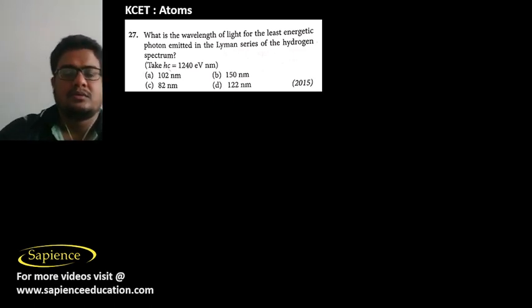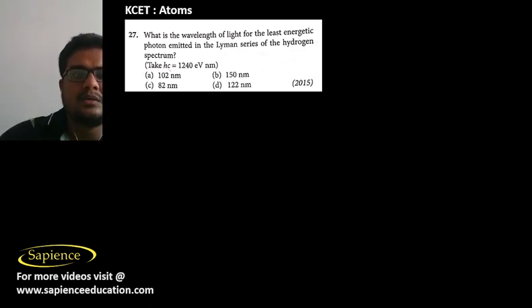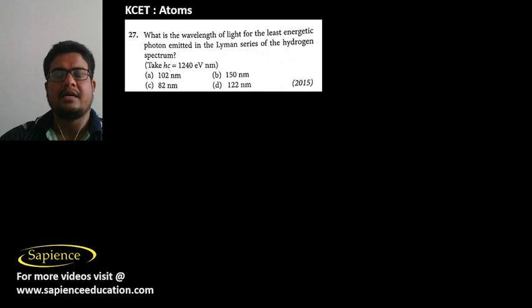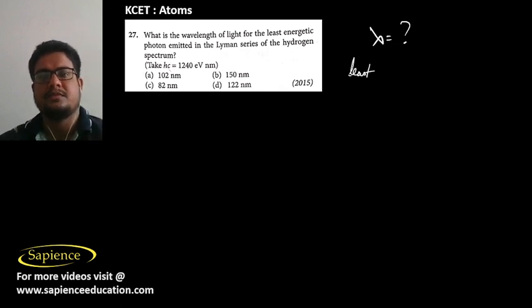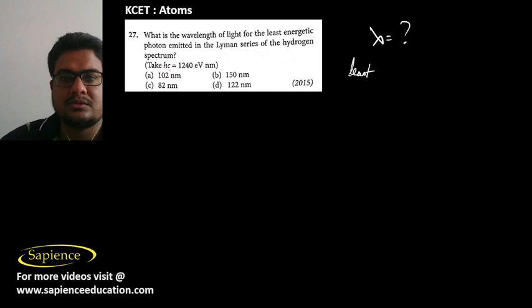And in question number 27, it is asked, what is the wavelength of light for the least energetic photon emitted in the Lyman series of the hydrogen spectrum? Least energy means the least energy of transition.